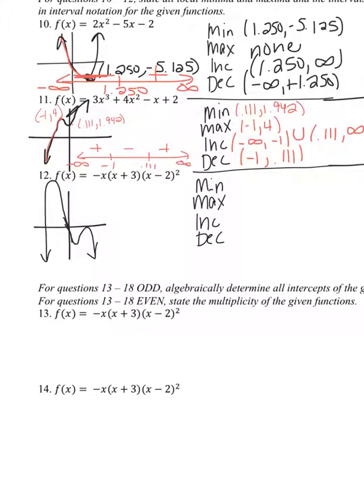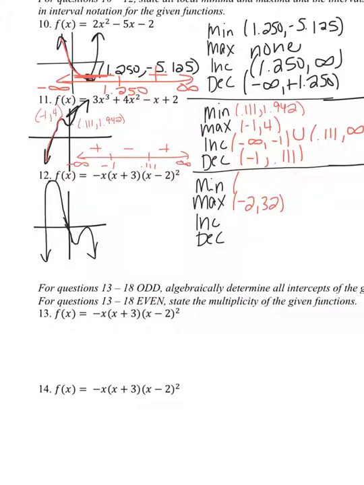So I'm going to do second trace, number 4, to figure out what that first max is. Again, I'm doing the one that's up higher first. And I get negative 2, comma 32. So this max is negative 2, 32. Now I'm going to figure out my min, so second trace, number 3.